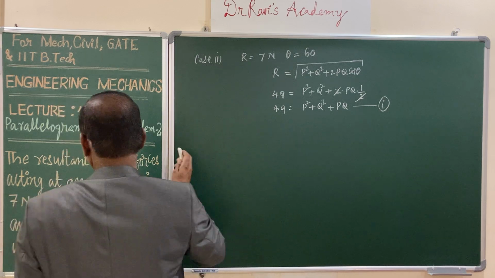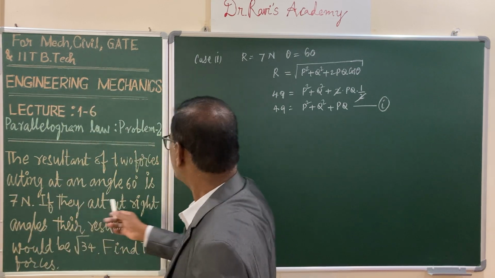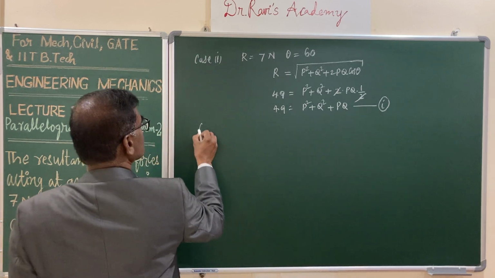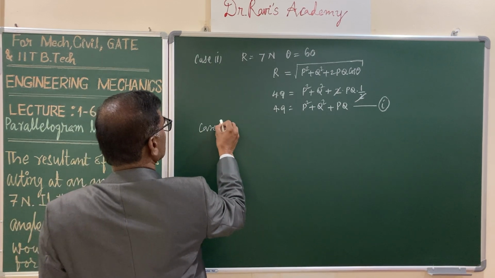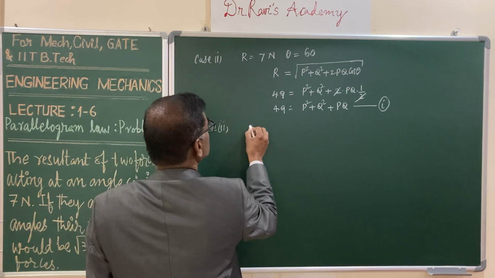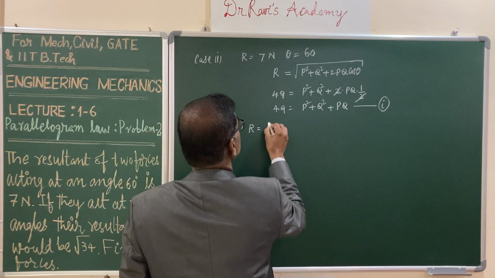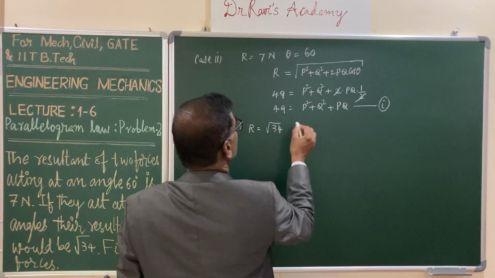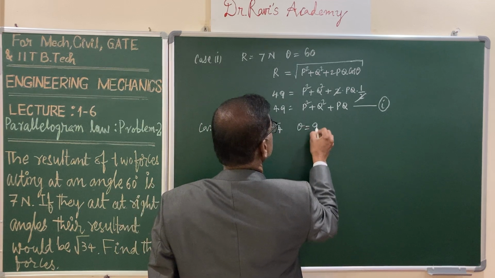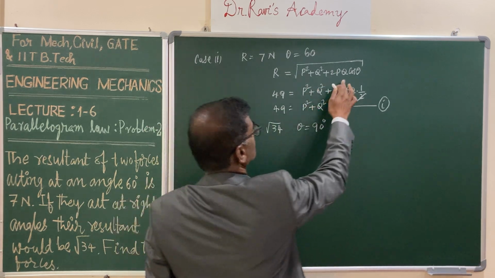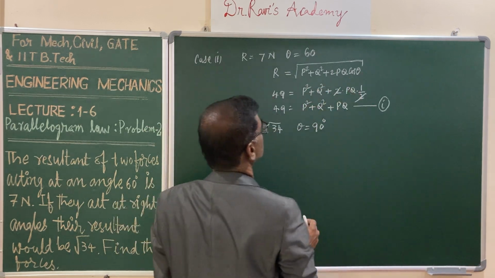And the other case, if they are acting at a right angle to each other. Case 2 is the resultant is the square root of 34, and the angle is 90 degrees. Now with this equation, if you substitute cos 90, that becomes 0.